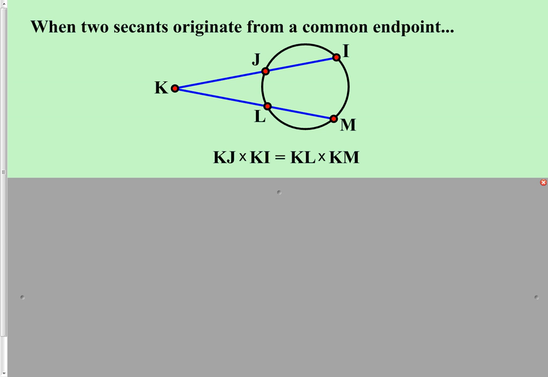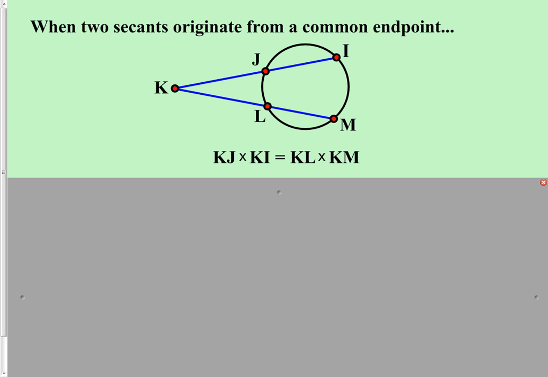Please note you've got the length from K to J, which is that top secant outside the circle. You multiply that by K to I, which is the overall length of the exact same secant. When you multiply those together, that should equal the length from K to L, which is the bottom secant outside of the circle, times K to M, which is the entire length of the bottom secant.